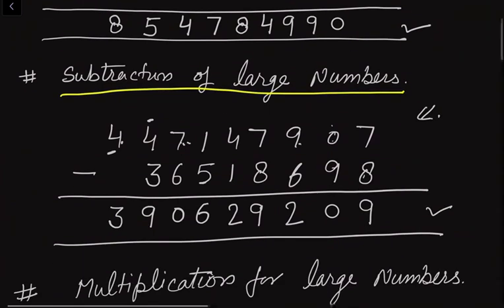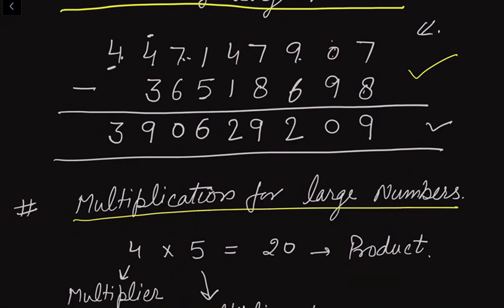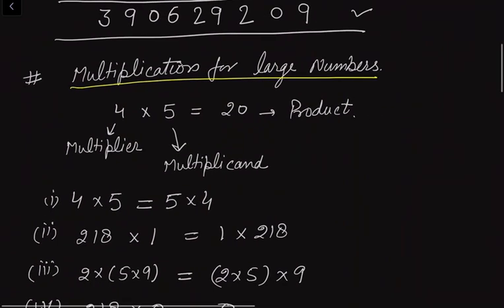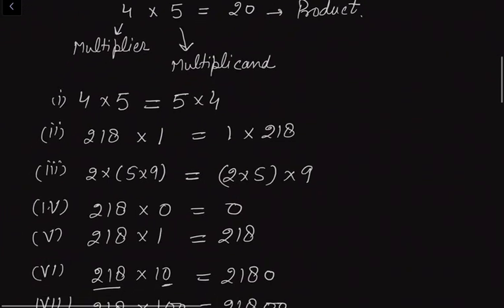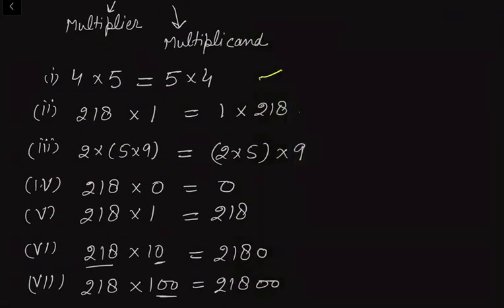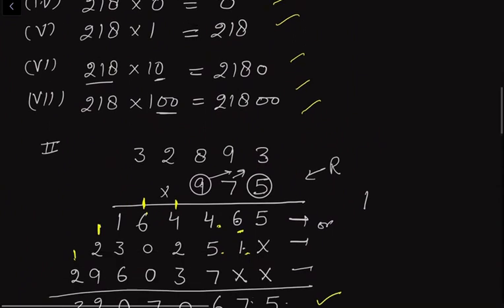We have solved the question for the large number subtraction, and then multiplication for the large numbers. We studied here for the basic rule of the multiplication for the small numbers as well as for the large numbers. All these are some basic rules for multiplication.